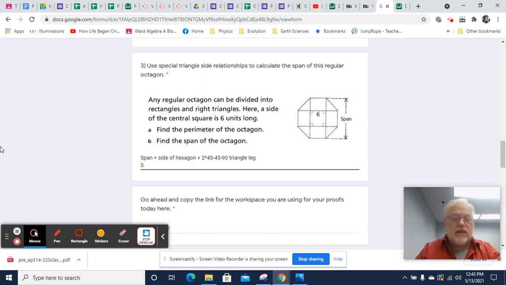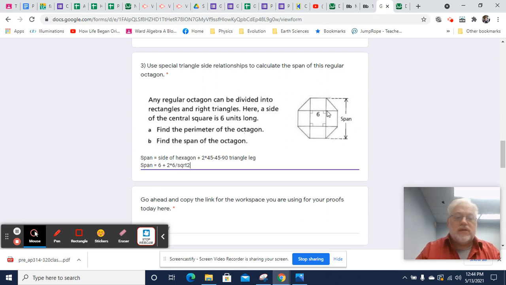So span will equal 6, because the side of the octagon is the same as the side length of the square in the middle. Okay, 6 plus 2 times, all right, so these things are the two things we're getting. So if this is 6, because all of these sides are 6, then this is going to be 6 over root 2 times 6 over square root of 2.